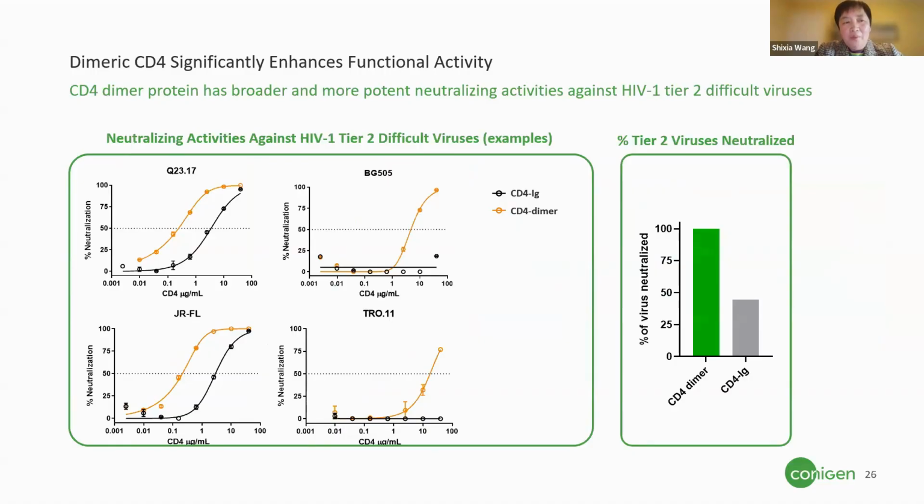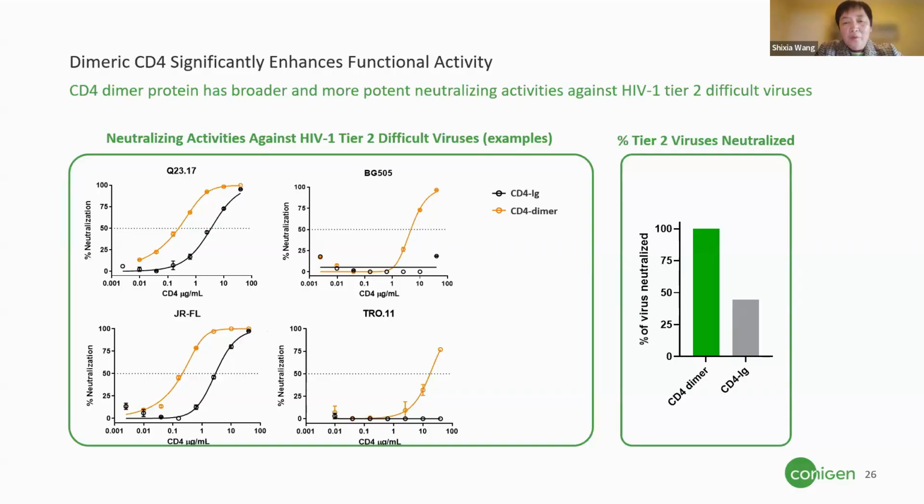We collaborated with a professor at Boston University to test the neutralization against HIV-1 tier 2 viruses. For those who work on HIV, you know tier 2 viruses are very difficult to neutralize. We compared the CD4 dimer with a known CD4 molecule, CD4-Ig, which has been used in the field for many decades.